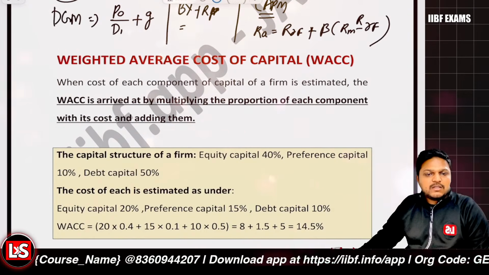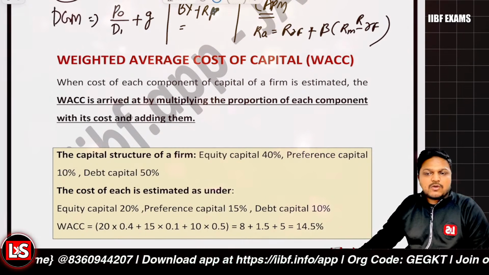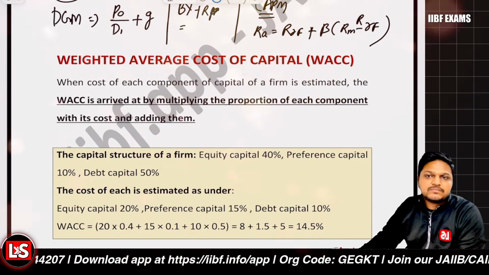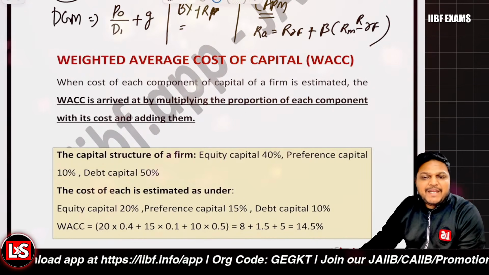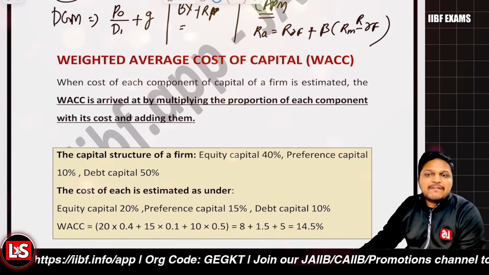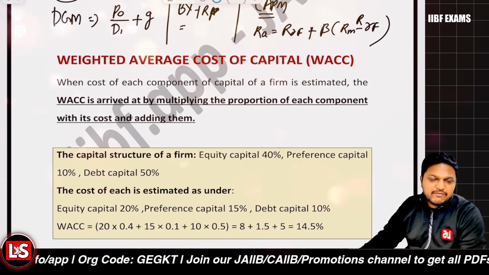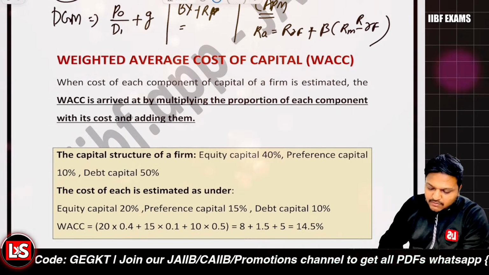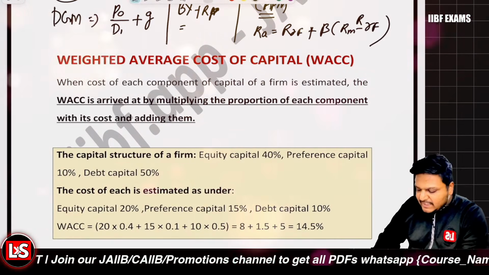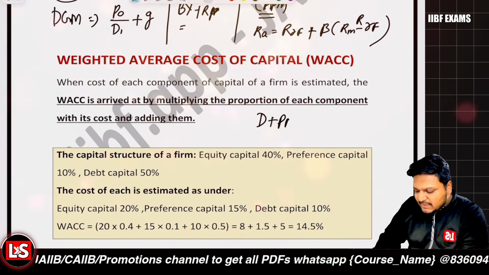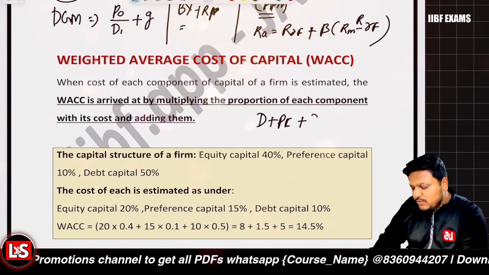It's about the weighted average cost of capital. Now, weighted average cost of capital is the overall average cost. Let's say we are having funds from different sources: funds from debt, funds from the preference capital, funds from the equity capital.